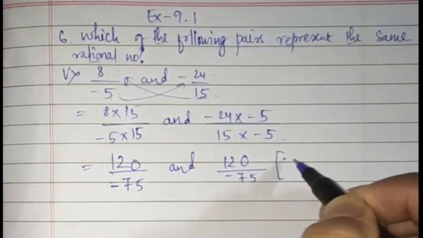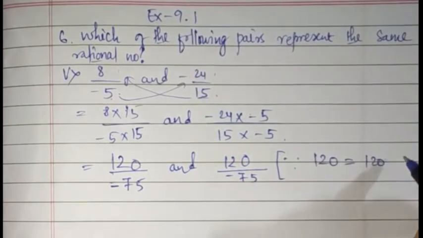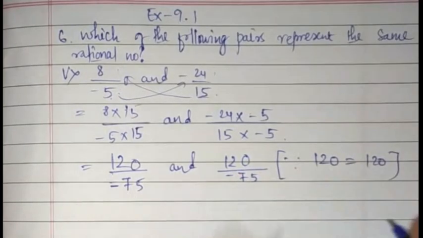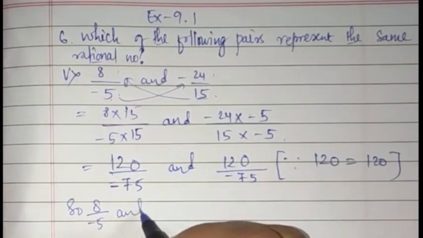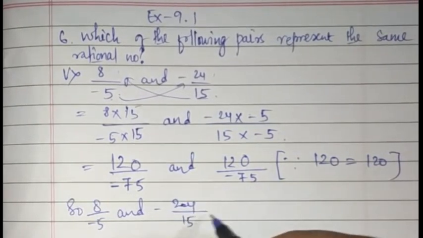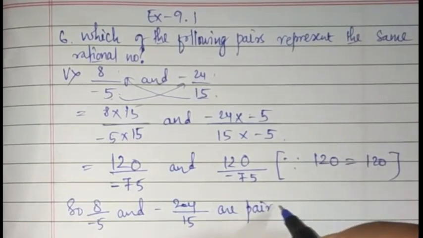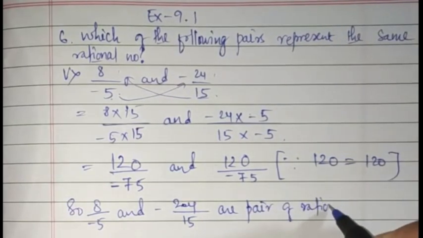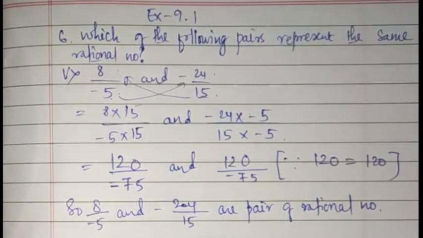So we can write here, since 120 is equal to 120 and everything is similar here, right? So 8 by -5 and -24 by 15 are a pair of the same rational number. Okay, let us proceed to the next.